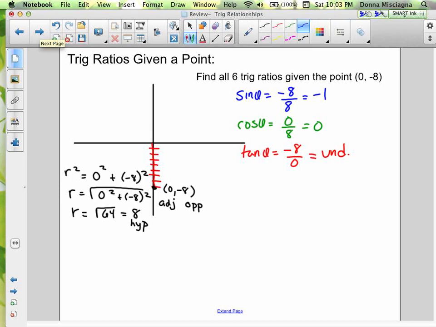Let's find the reciprocal of sine, which is cosecant. That's just the hypotenuse, which is 8, divided by the opposite, which is negative 8, and that's just negative 1. Now let's find secant, which is just the reciprocal of cosine. All right, so that's going to be the hypotenuse, which is 8, divided by the adjacent, which is 0. Oh, that's undefined.